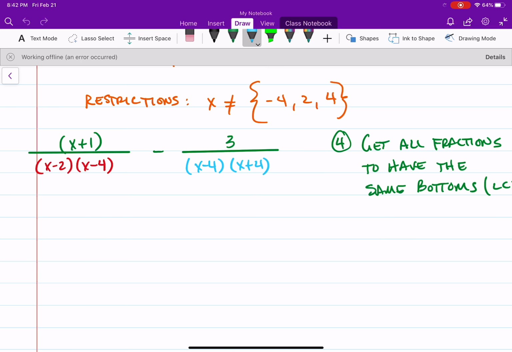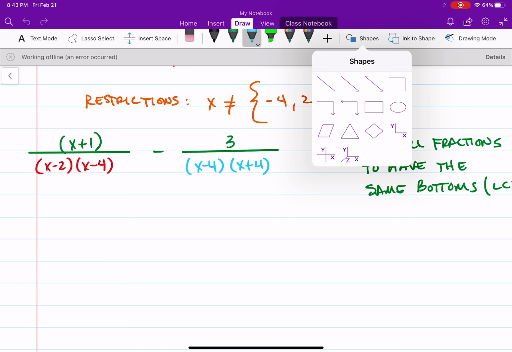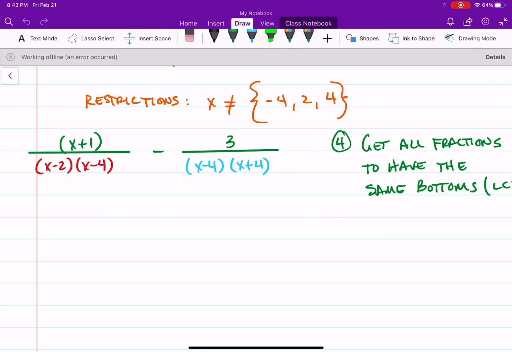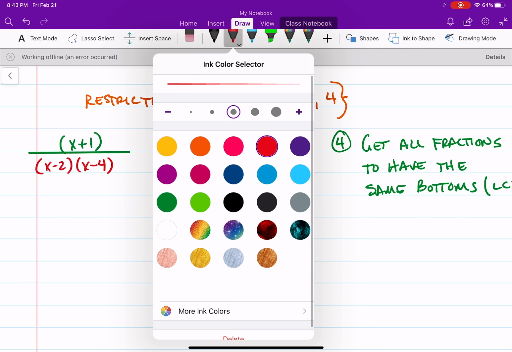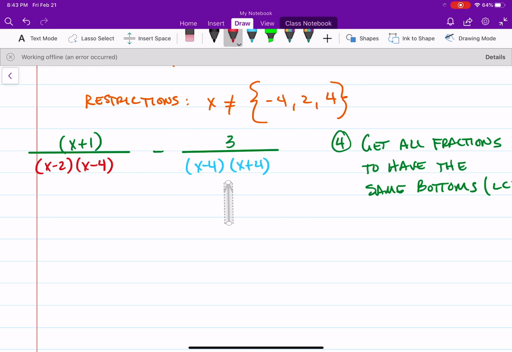So again, we're going to look at this sister versus this sister. So the red sister versus the blue sister.